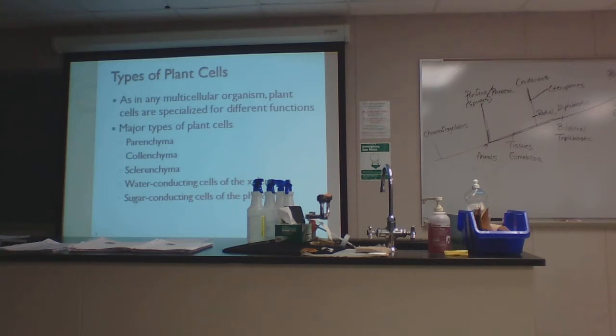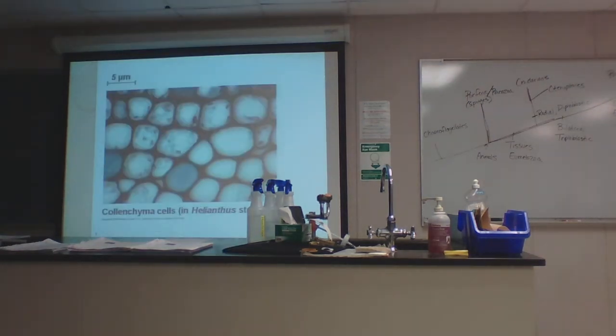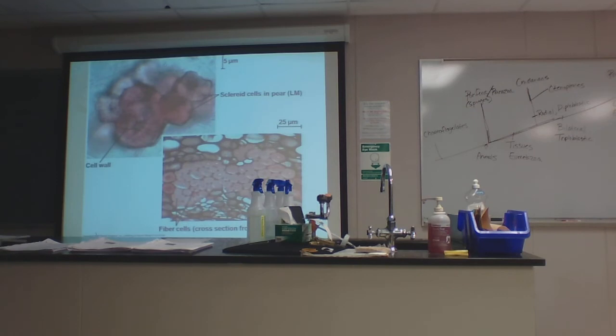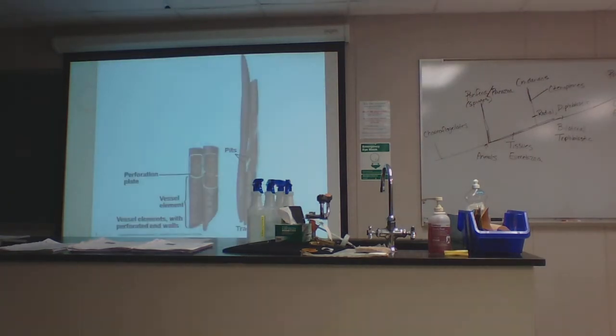Okay, and then you have the different types of plant cells here. Just generally, parenchyma is your general plant cell. Collenchyma and sclerenchyma cells are both for support. And then you've got your xylem and your phloem. Your xylem cells, your vessels and tracheids.